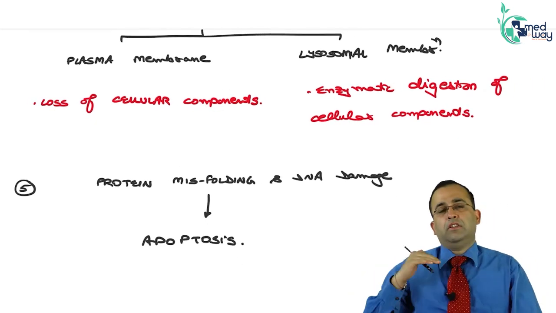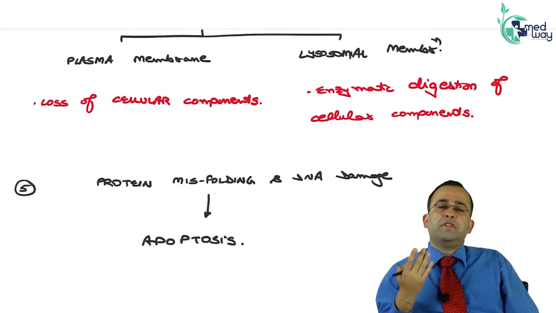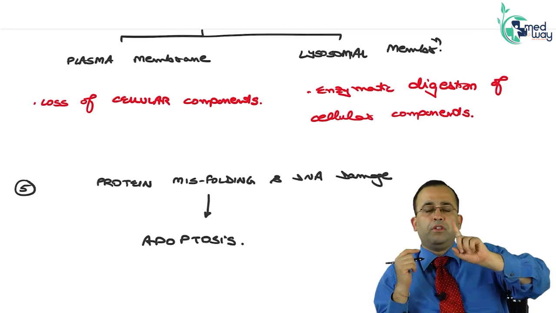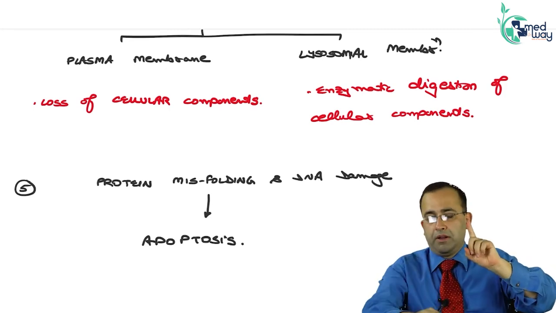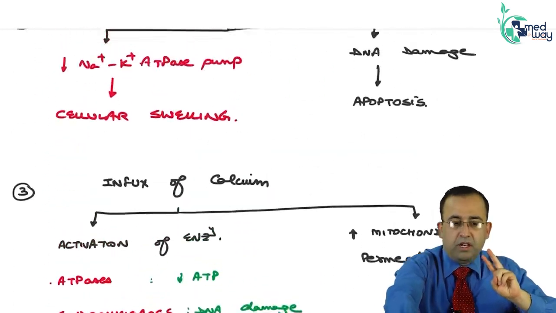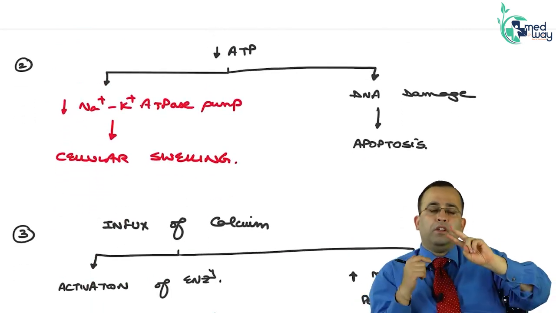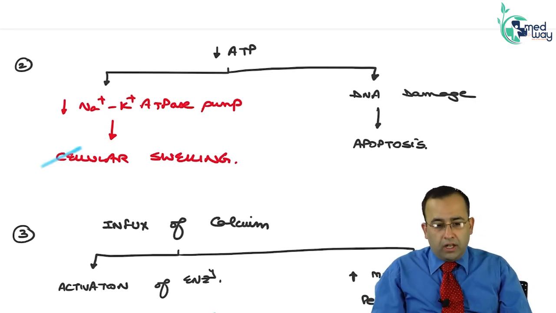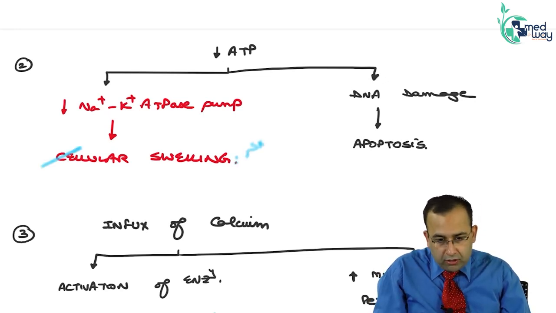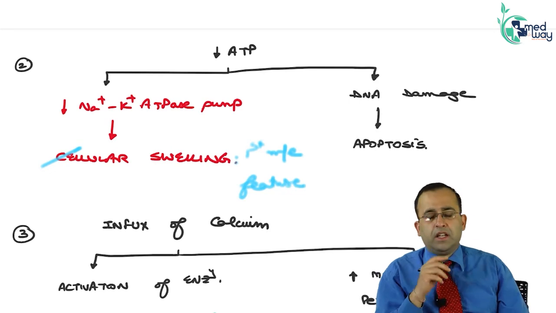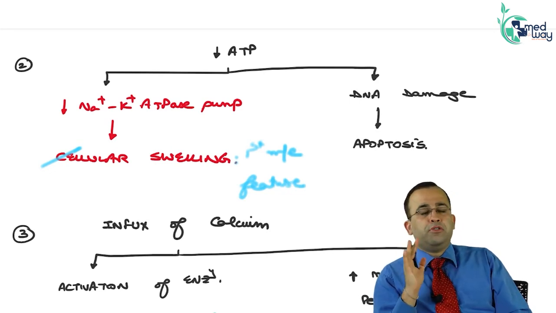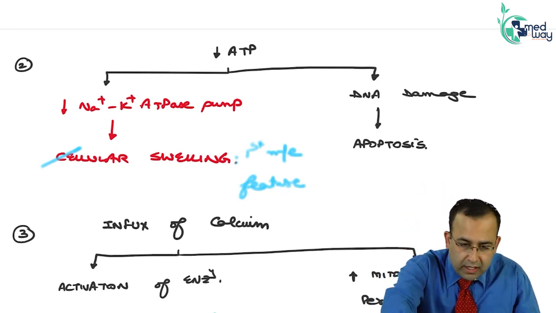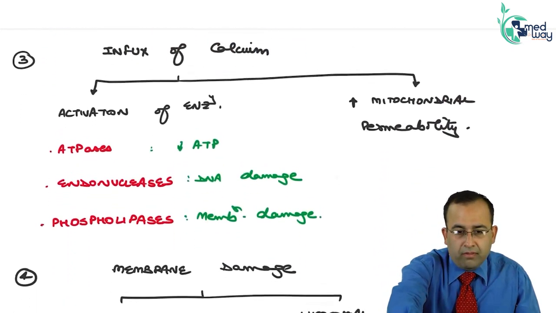So these are the biochemical mechanisms of cell injury. First was mitochondrial damage. Next, reduced ATP. Reduced ATP in turn leads to cellular swelling. You already know that cellular swelling is the first microscopic feature of cell injury. Next is increased cytosolic calcium.